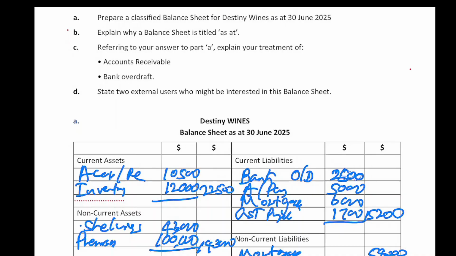Which is a present obligation of the entity to transfer an economic resource (within brackets write cash at bank) as a result of past events.